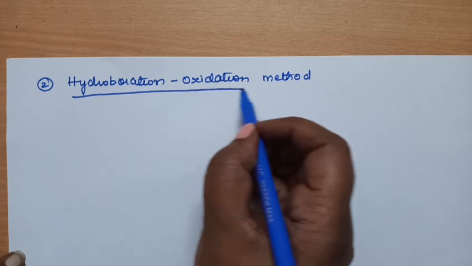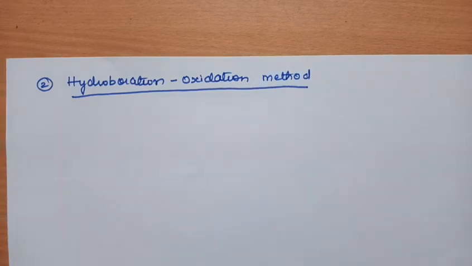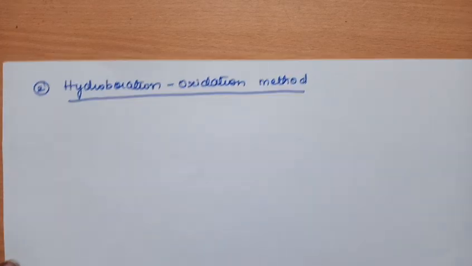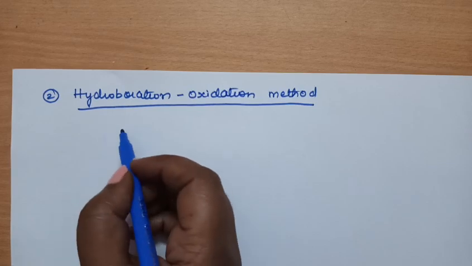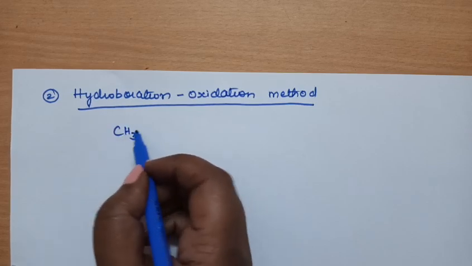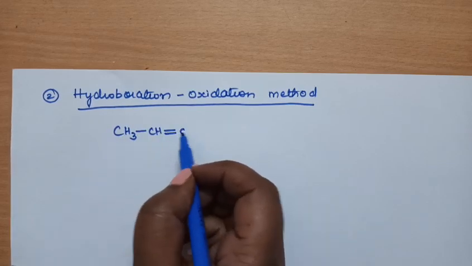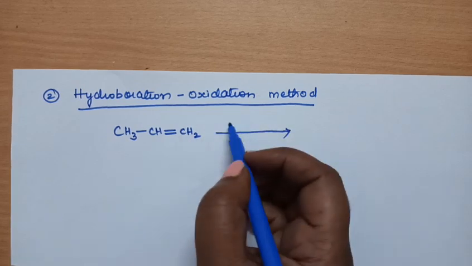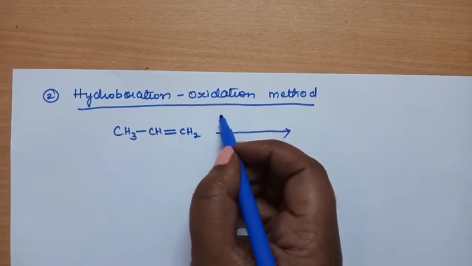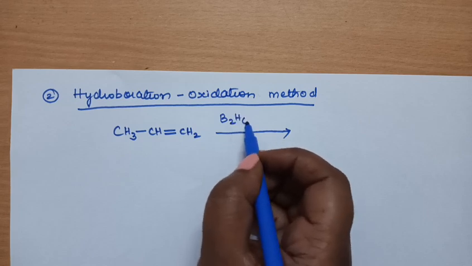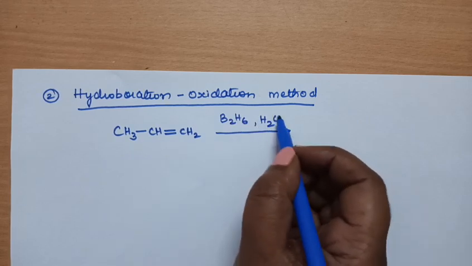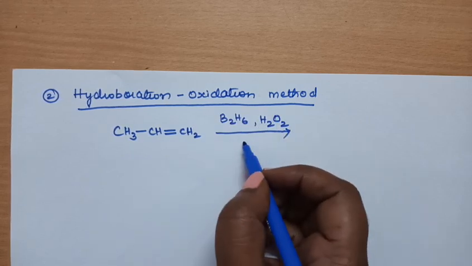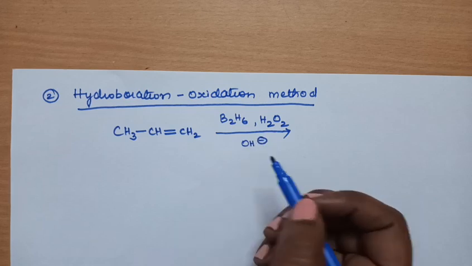So we are going to prepare alcohol by hydroboration oxidation method. So here also we are going to take alkene CH3 CH double bond CH2. What we are going to do is we are going to take diborane B2H6, H2O2 hydrogen peroxide in the presence of basic medium.